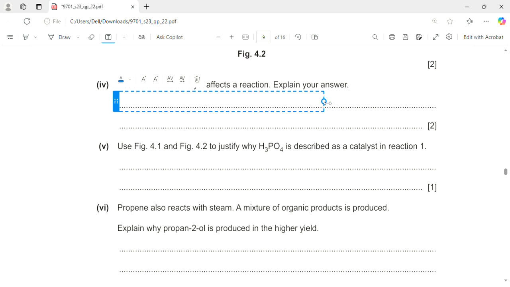A catalyst increases the rate of the reaction by producing an alternative route.